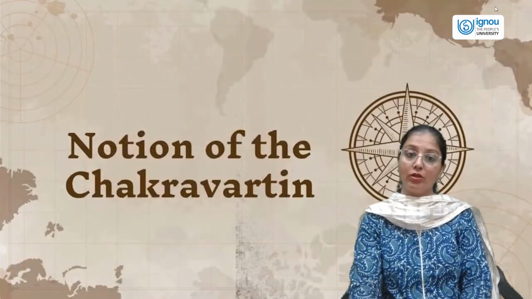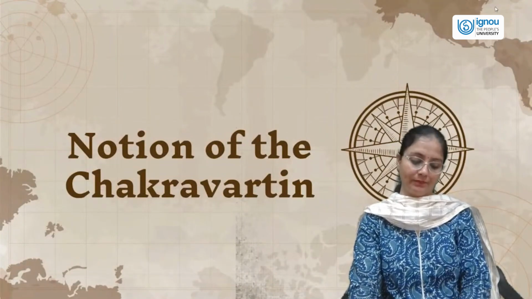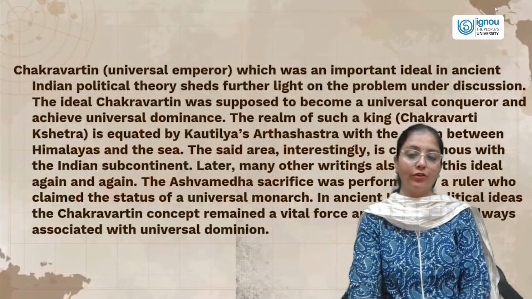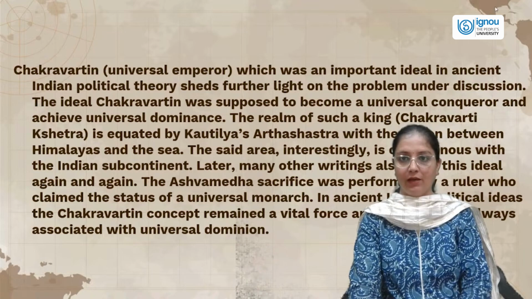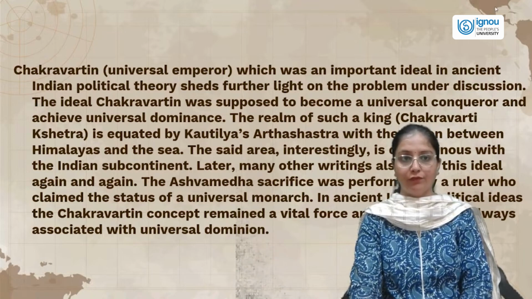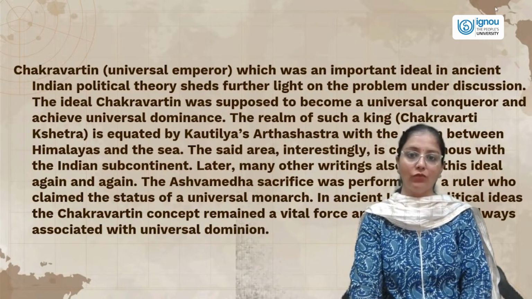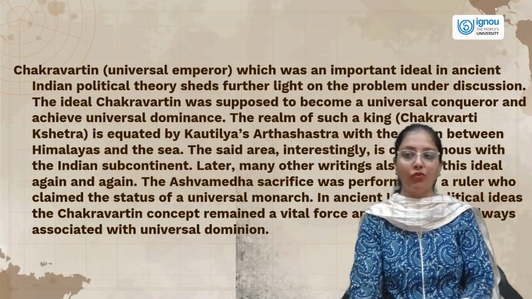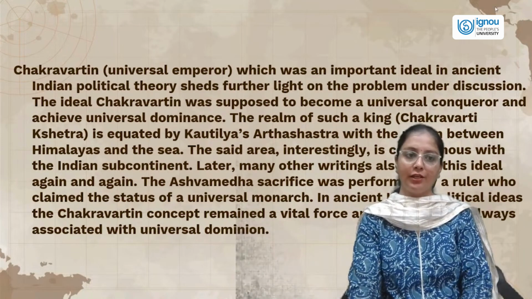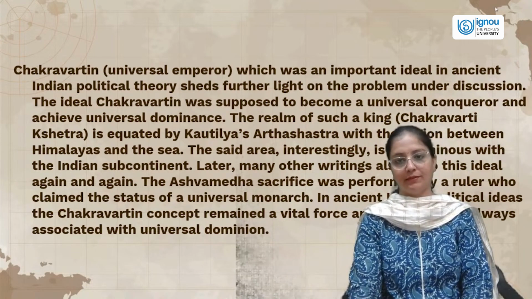Next, we will study the notion of Chakravartin. Chakravartin is the word we use for the emperors, which was a very important ideal in ancient Indian political history. It sheds further light on the problem under discussion. The ideal Chakravartin was supposed to become a universal conqueror and achieve universal dominance.